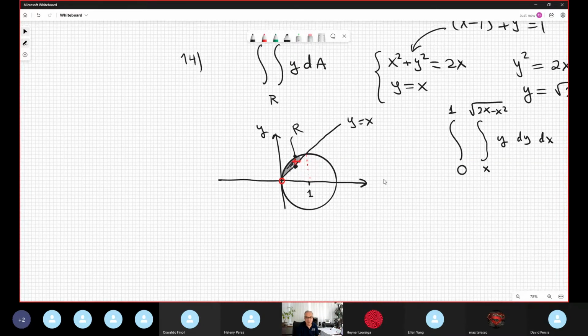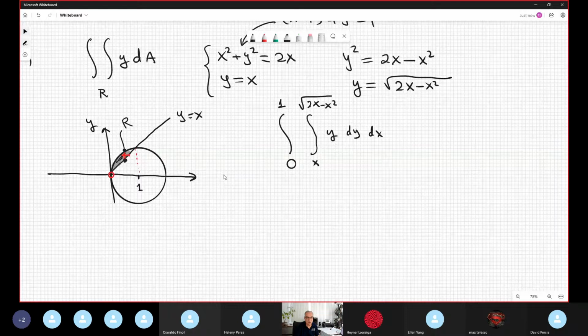This is a fantastic example in which, in my opinion, the region is a circle. However, it's easy doing in rectangular. Okay, let's do it quickly. You integrate that part first.